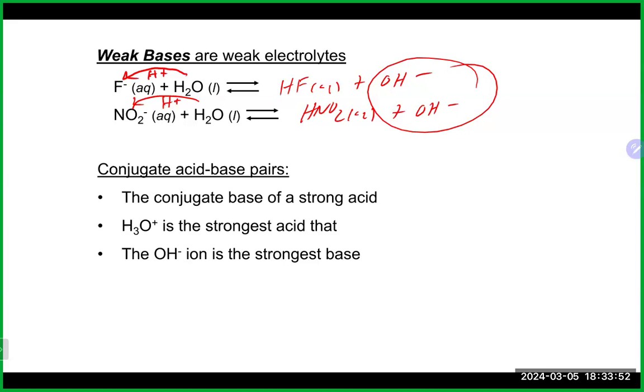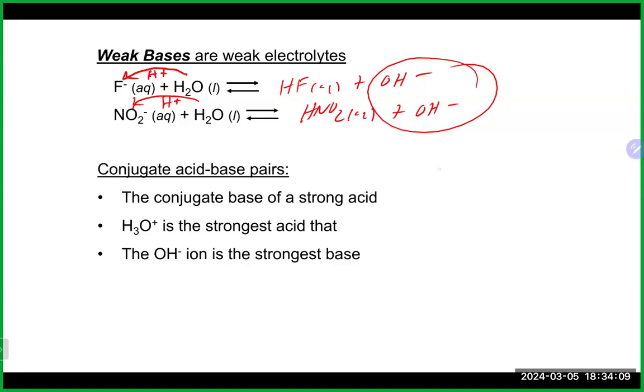So a couple of important relationships between acids, bases, and their conjugate partners, which is really important. We do have H3O plus as the strongest acid we could have, or OH minus as the strongest base, because it exists in a solution.